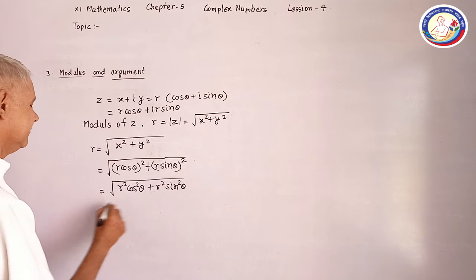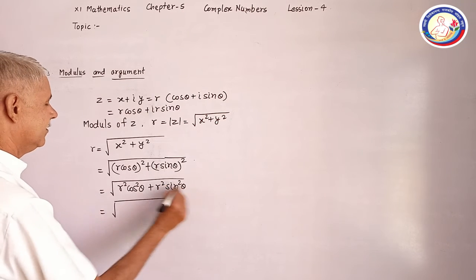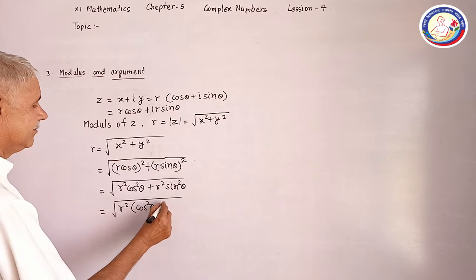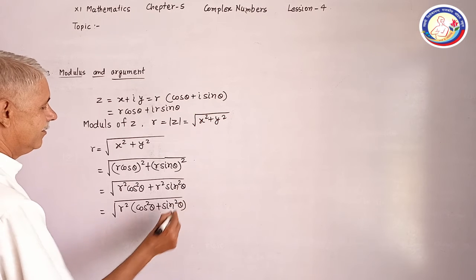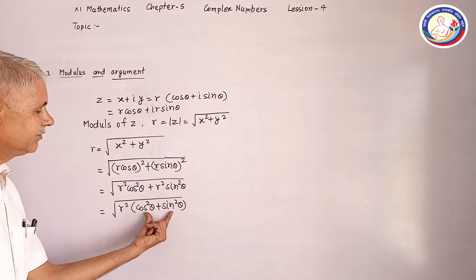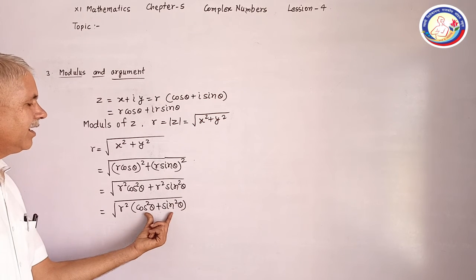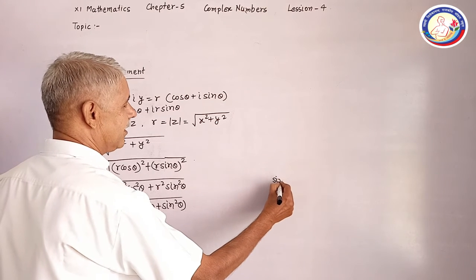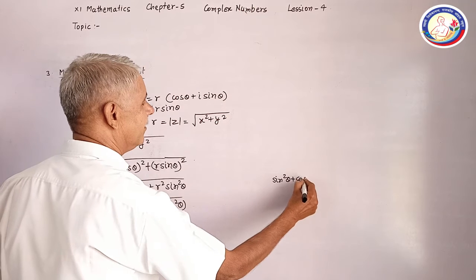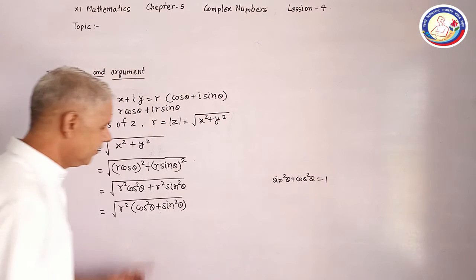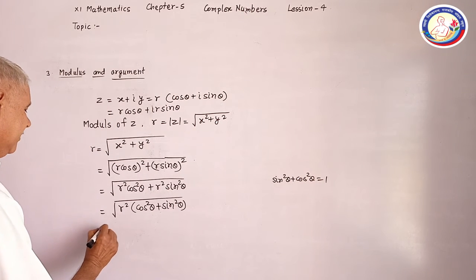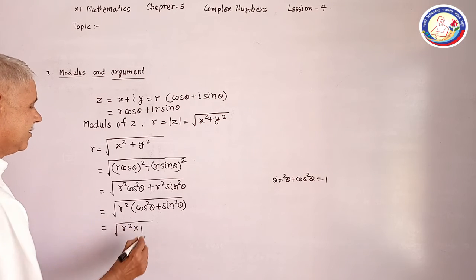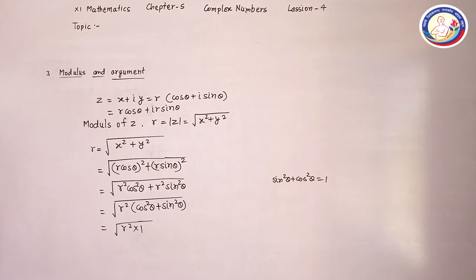Now simplifying this, r square is common, cos square theta plus sin square theta in bracket. What is this? This is the first fundamental identity of trigonometry, sin square theta plus cos square theta equal to 1. So we can put here 1, and we will have r square into 1. That is r square only.